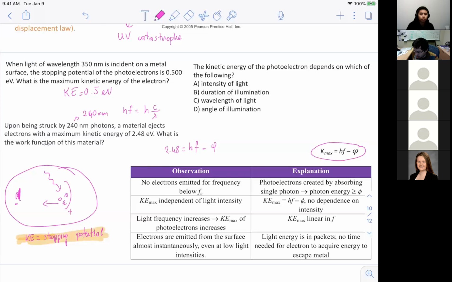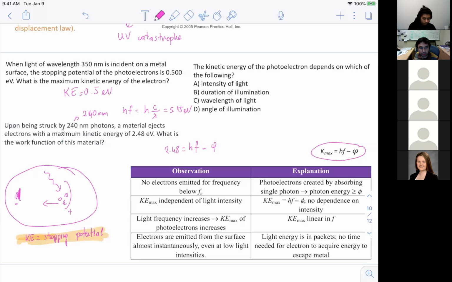So you multiply h with c, 3 times 10 to the 8, divided by 240 nanometers, 10 to the minus 9. Then it's going to give you joules. And if you divide by 1.6 times 10 to the minus 19, it should give the energy in electron volts. So this is giving 5.15 electron volts.